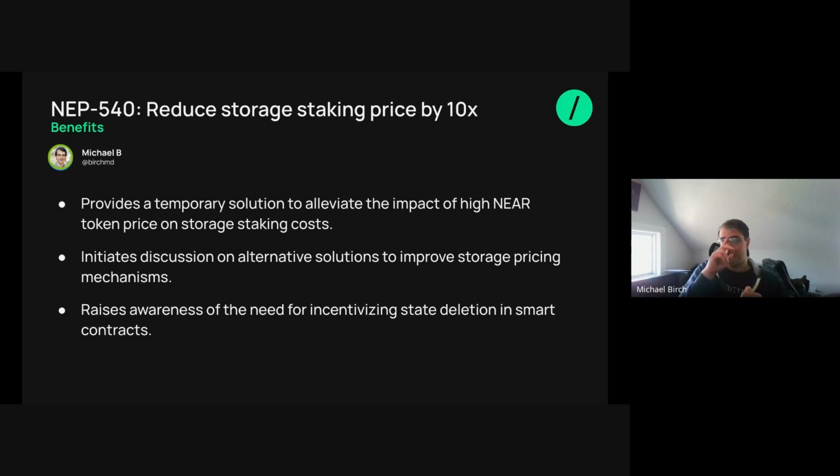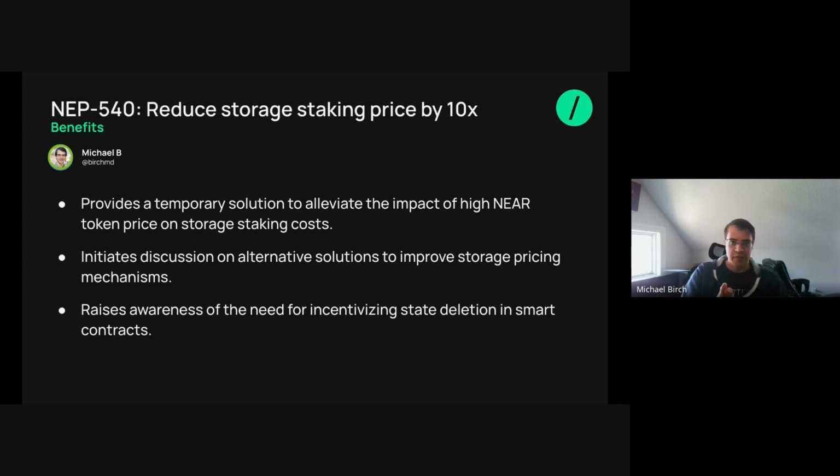Bowen points out in the description of that NEP that the cost to deploy basic contracts like a multi-sig contract has gotten kind of prohibitively expensive for average users, just based on the fiat price of Near these days.